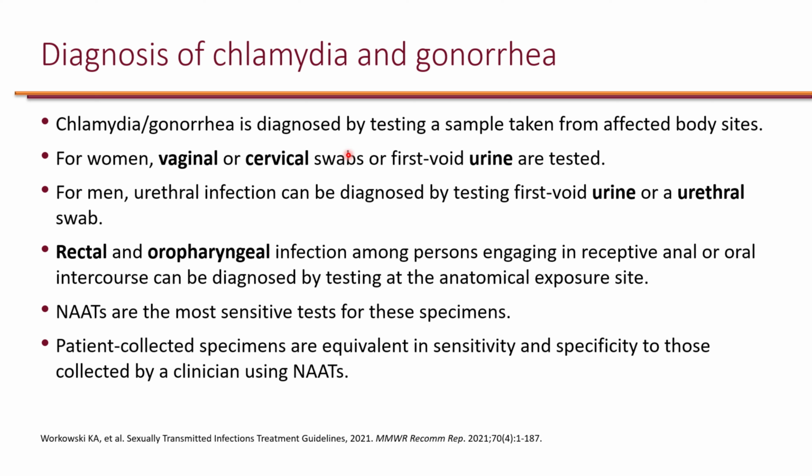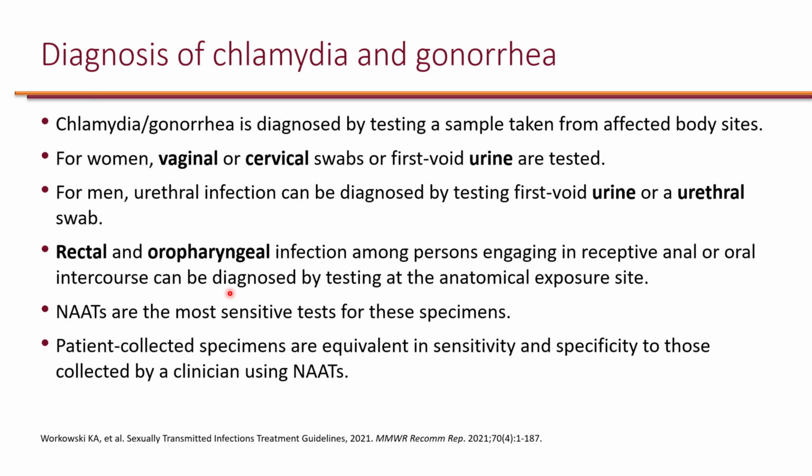And typically these are tested at the same time. So because the manifestations are pretty similar, when you suspect one, you test for both of these. So that makes it more straightforward. For men, urethral infection can be diagnosed again using first void urine or a urethral swab. And I will tell you that most routinely people just get the urine sample for these.